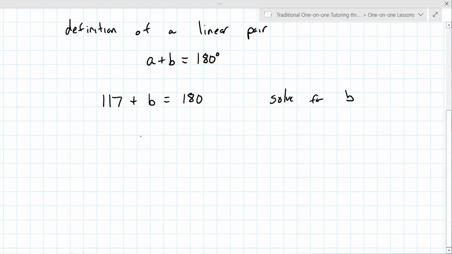Yeah, the measure of angle B is 63 degrees. All right. So we're going to look at a new problem now.